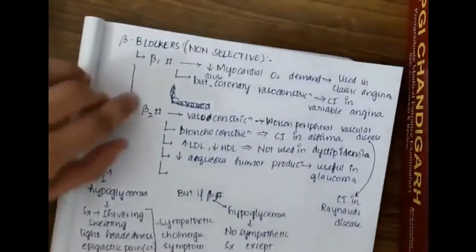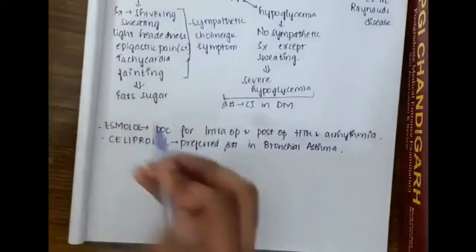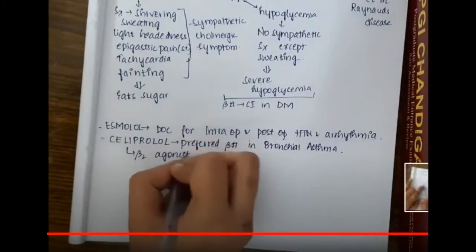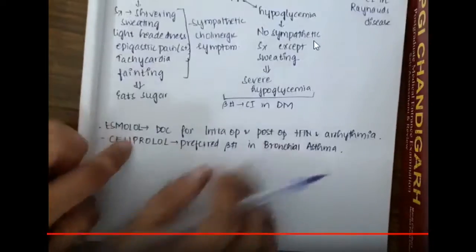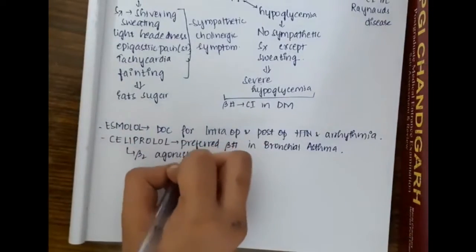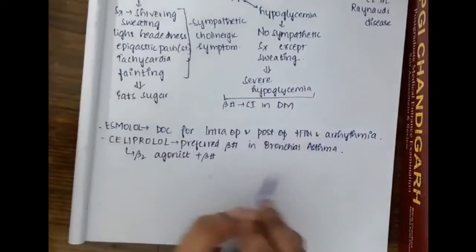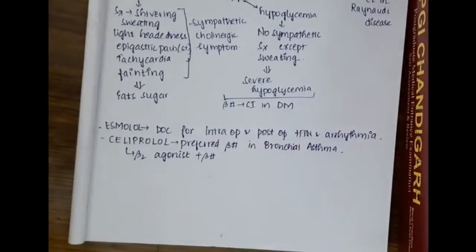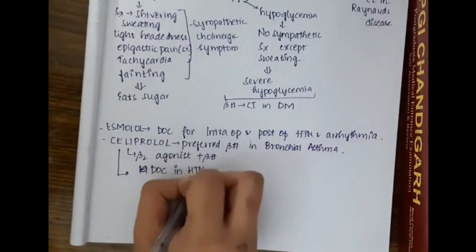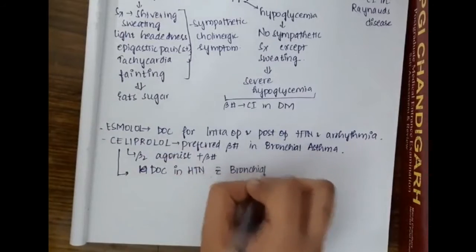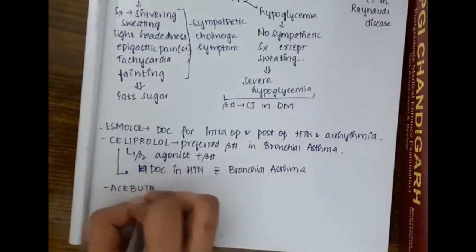Normally, if you use normal beta blockers, they will cause bronchoconstriction and are contraindicated in asthma. But celiprolol has beta 2 agonistic activity, and thus it can cause bronchodilation instead of the normal bronchoconstriction effect of beta blockers. So it is the drug of choice in hypertension with bronchial asthma.